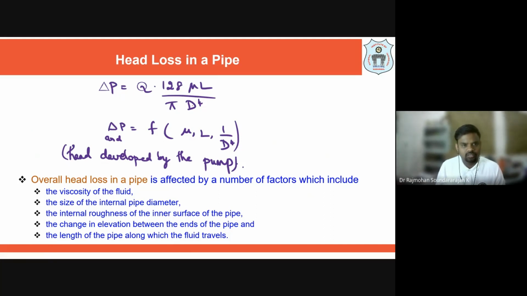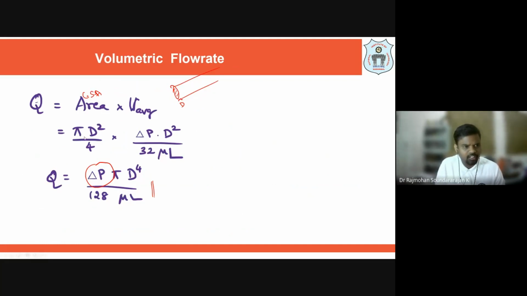So what we get to know is delta P is a function of viscosity, length of the pipe, and it is inversely proportional to d power 4. So that's what you can write as delta P is a function of mu L 1 by d power 4. I repeat, here we are writing discharge.